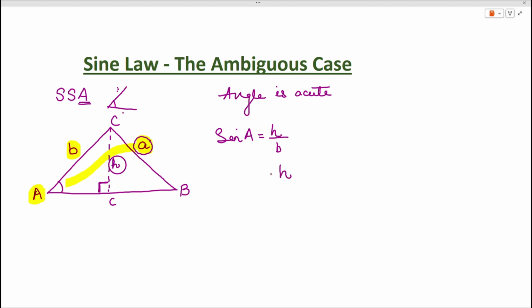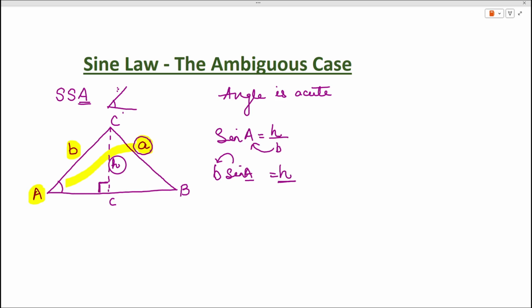So h is equal to b times sine A. This means to find the height, we take the sine of the given angle and multiply it by the other side, not the side opposite to it, and we'll be able to figure out the height.